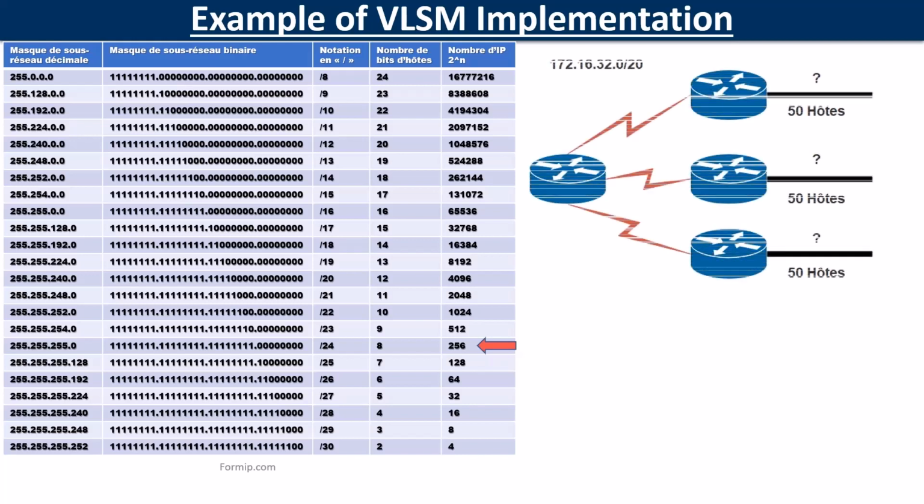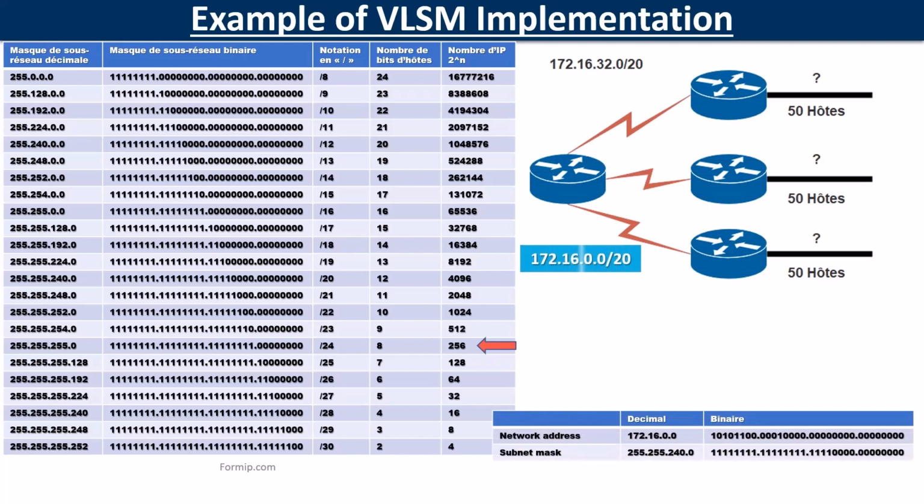Let's take another example. The start network is 172.16.0.0/20. It carries a 20-bit mask, which gives in decimal 255.255.240.0. You can see all the networks that it is possible to choose for our topology.